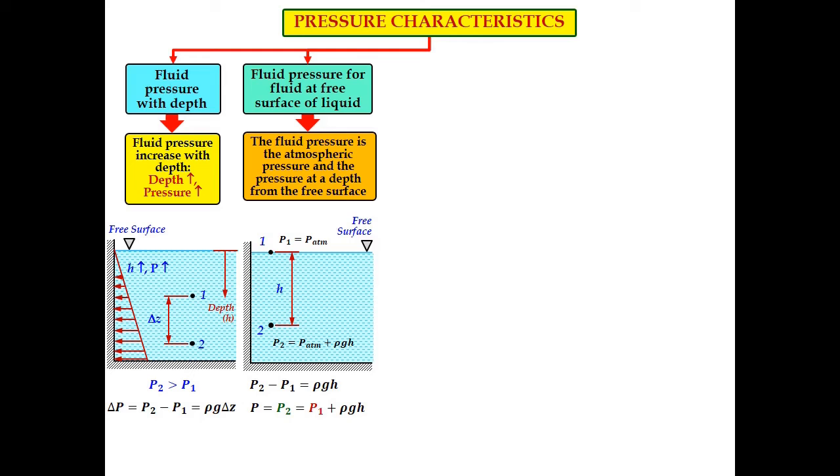As we know, P1 equals P atm, so the pressure at point 2 will be P equal to P atm plus rho g h. And we know that rho g h is actually the gauge pressure, so we can substitute into the equation and have the final equation: P equals P atm plus P gauge.